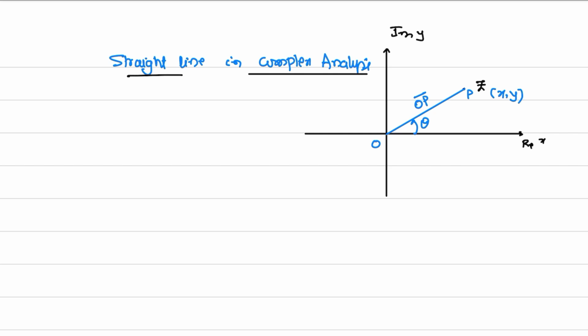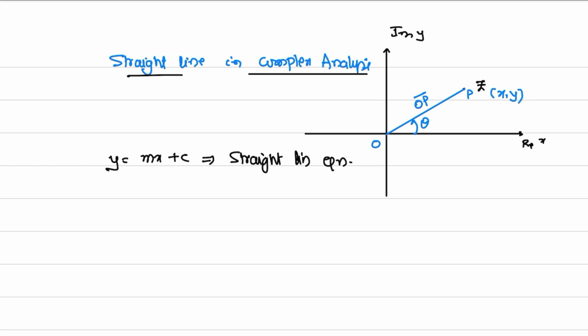In real numbers, we know y is equal to mx plus c gives the straight line equation. But it's not that simple in the case of complex numbers, because a complex number is not a single number like x and y.